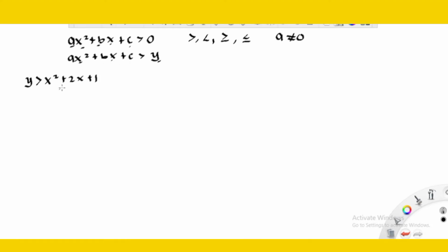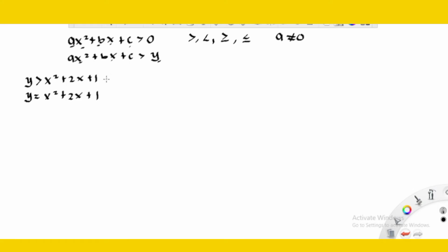The first thing we need to do here is to write this as an equation. So we replace the inequality symbol with an equal sign. So this will become y equals x squared plus 2x plus 1.